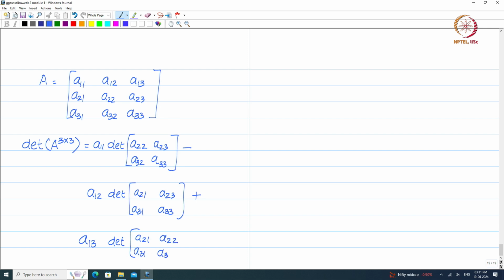In the later modules, we will see that the determinant of a 2 by 2 matrix corresponds to the area of the parallelogram determined by the 2 column vectors A11, A21 and A12, A22.